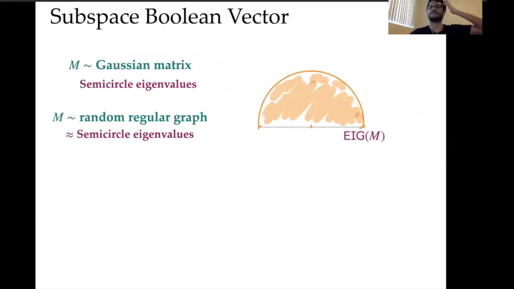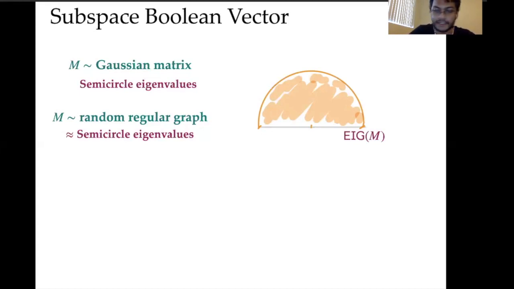Okay, so now we're going to talk about a common theme that ties together the problems of when M is a Gaussian matrix and when M is a random d-regular graph. In both of these cases, the eigenvalues roughly satisfy what is known as a semicircle distribution.